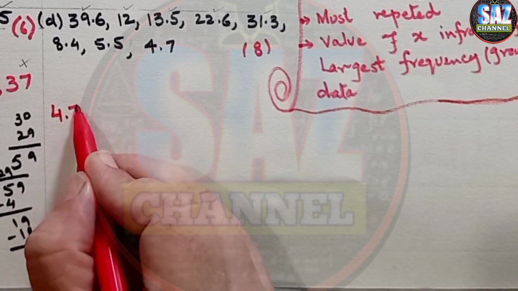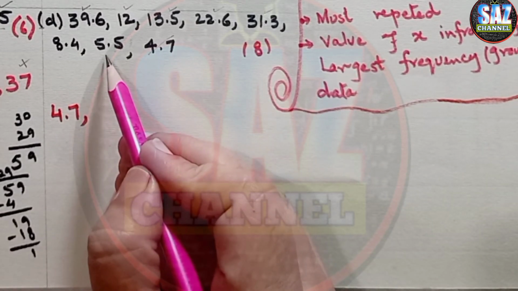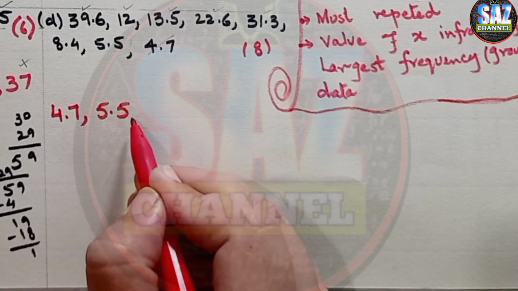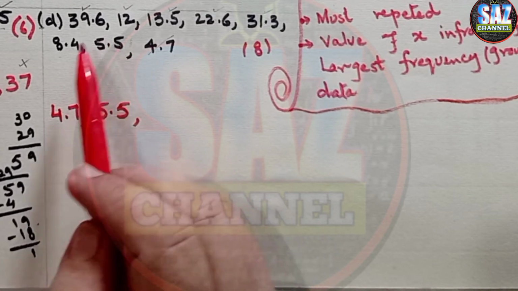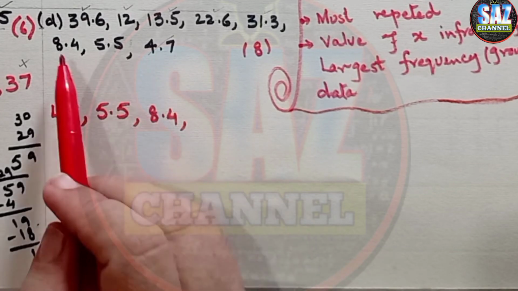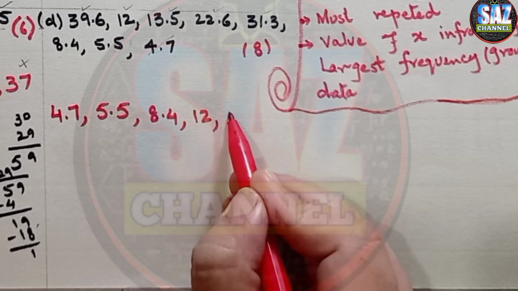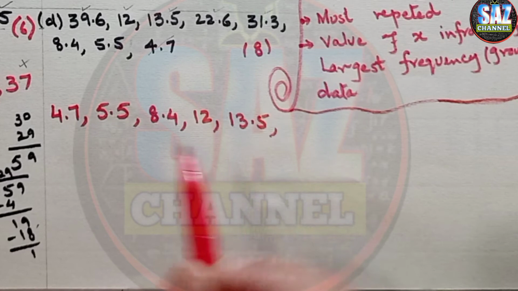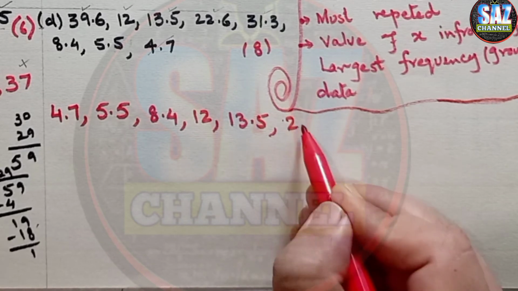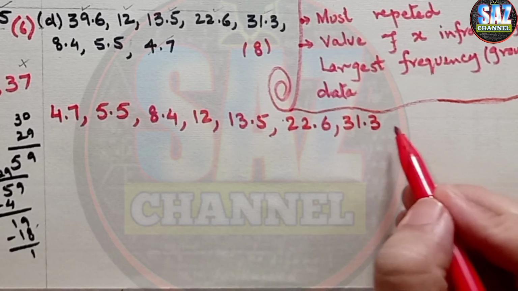So 4.7, and then after that let me cancel this out. 4.7, then 5.5, then 8.4, and then after that 12, 13.5, then 22.6, then 31.3, and then 39.6.